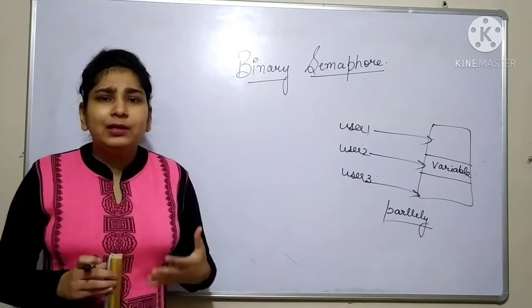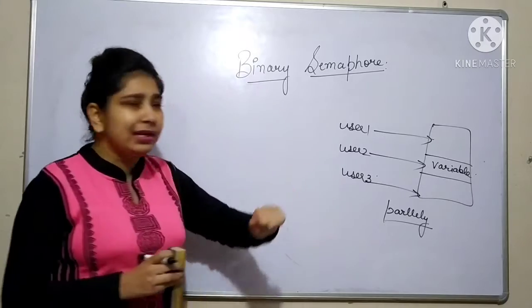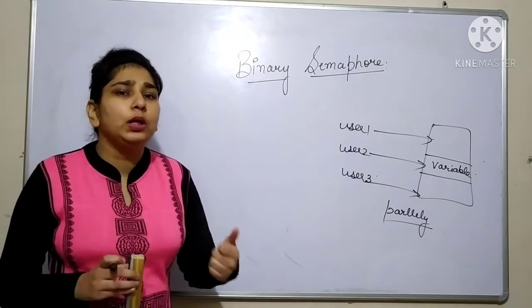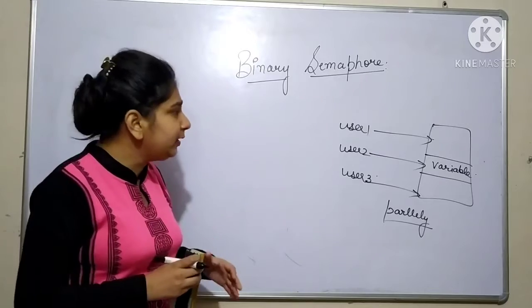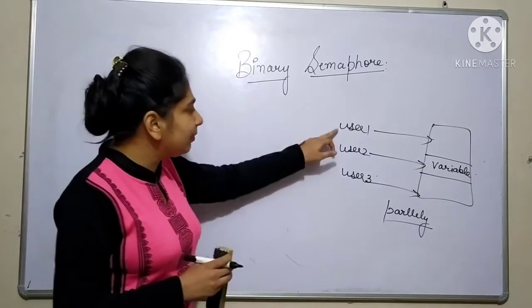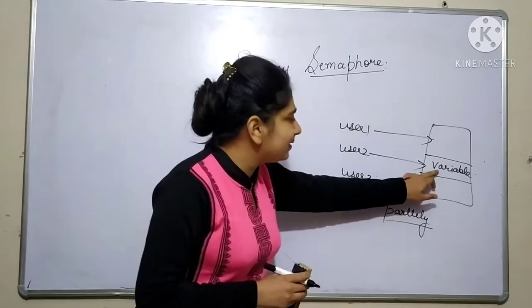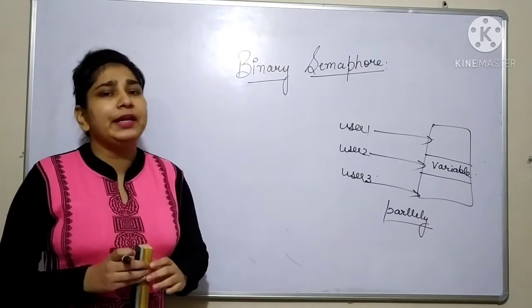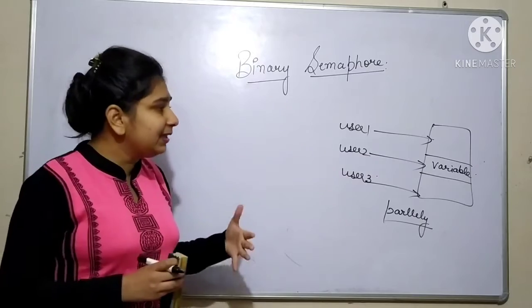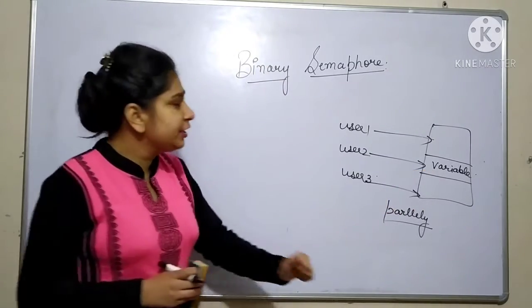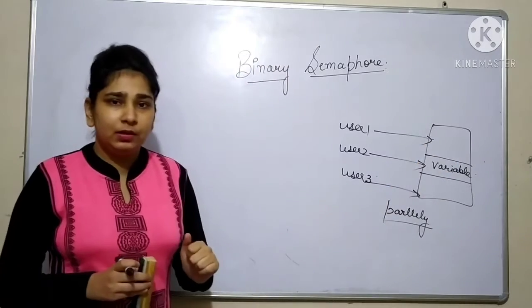We cannot allow multiple user requests to access this variable in their own way. We have to put restrictions on them so that we can maintain the consistency of the shared variable.